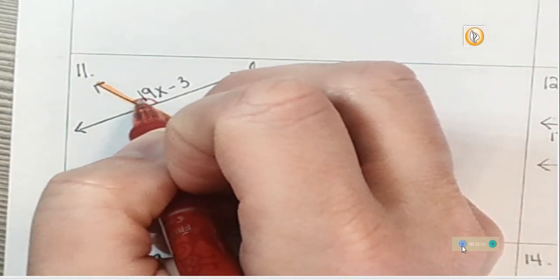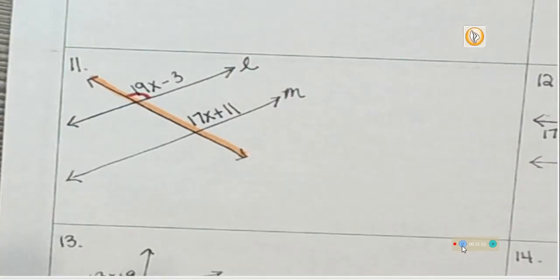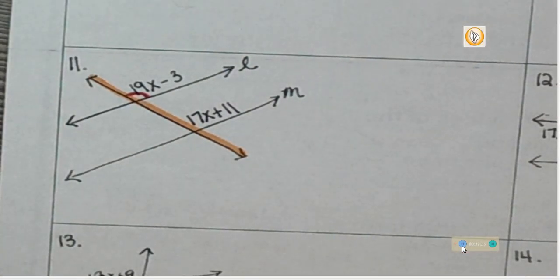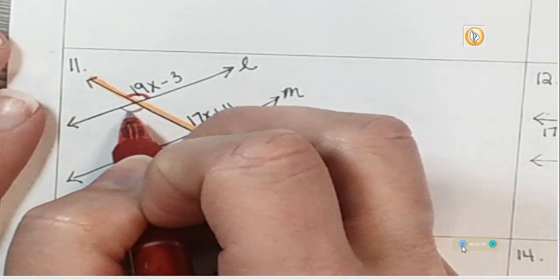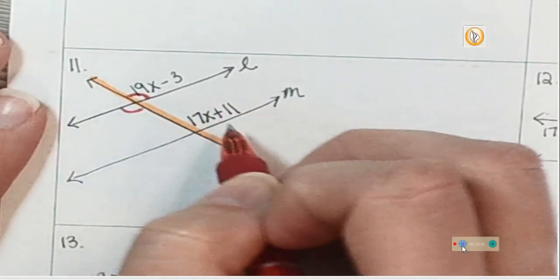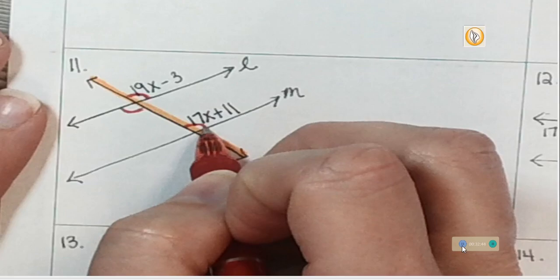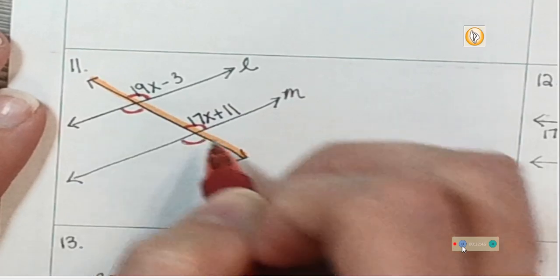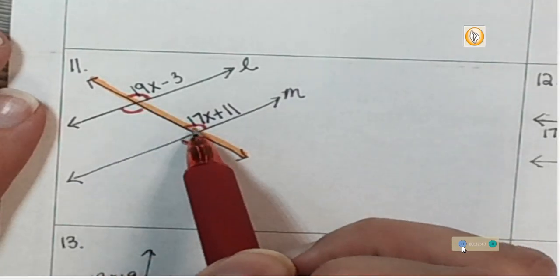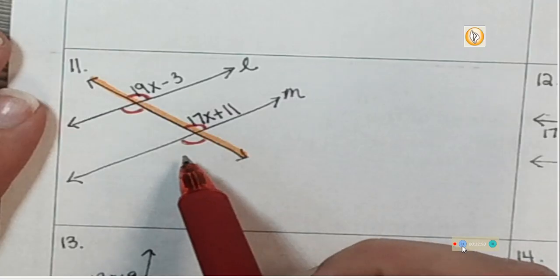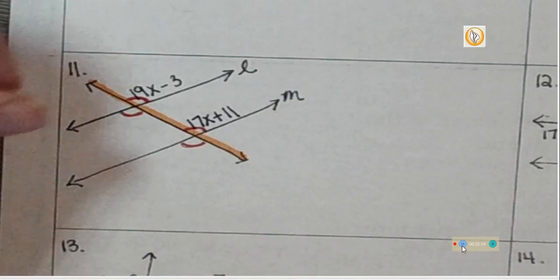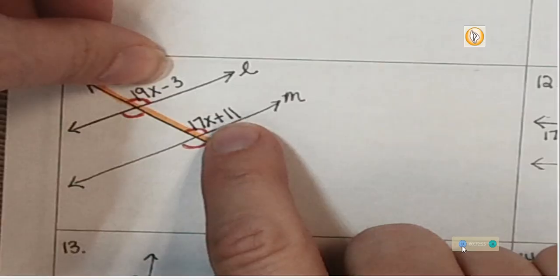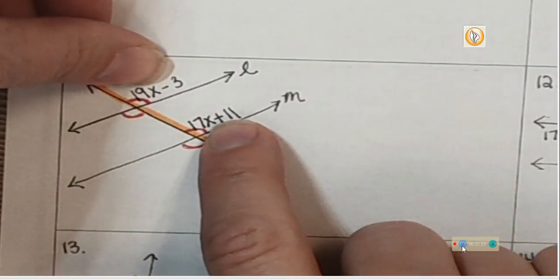I tend to start at the top or the very bottom if I have one. If I don't, I start wherever. It doesn't matter. This angle is congruent to its vertical angle. I'm going to zigzag back across and then zigzag back across. It should be corresponding angles and their corresponding vertical angles. Now, based on what I marked, 19x minus 3 and 17x plus 11, are they marked the same or differently?